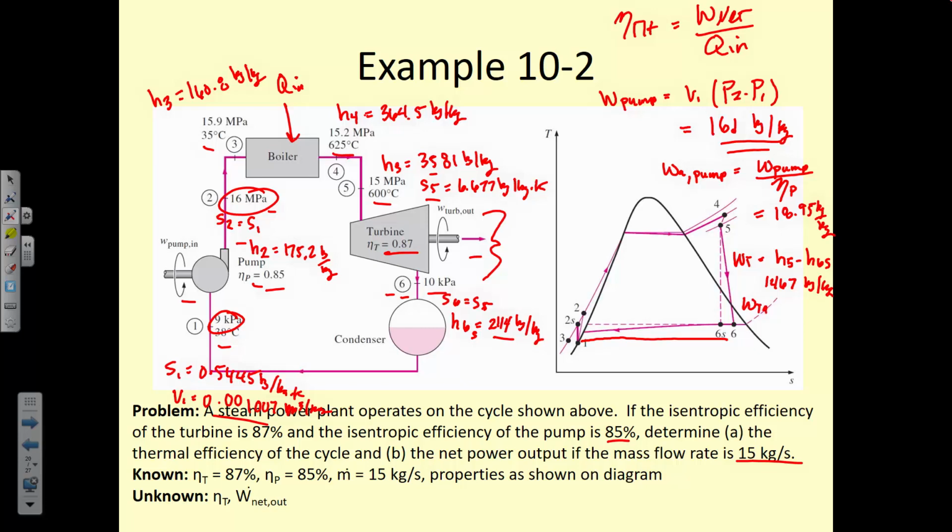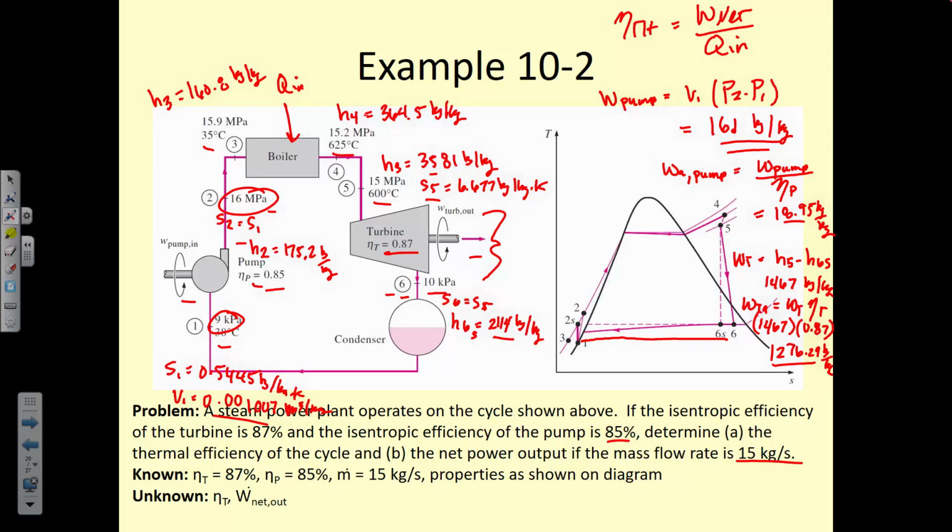But the actual turbine work is equal to this work of the turbine multiplied by the turbine isentropic efficiency. So it's 1467 multiplied by 0.87, which gives us 1276.29 kilojoules per kilogram.